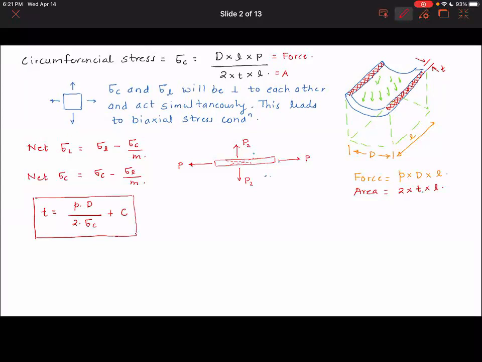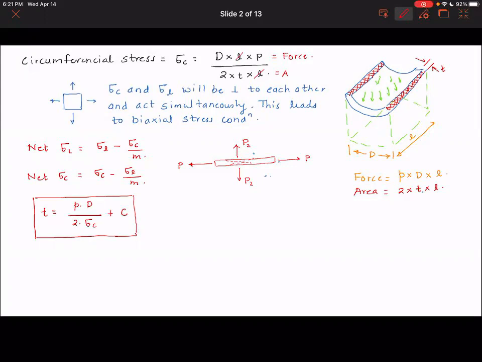And if you look at the way this equation comes about, it is derived from this sigma C expression. So you have D times P divided by 2 times sigma C gives you the thickness.